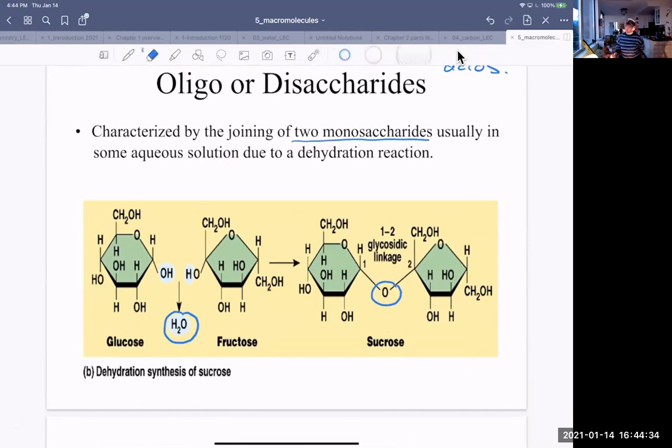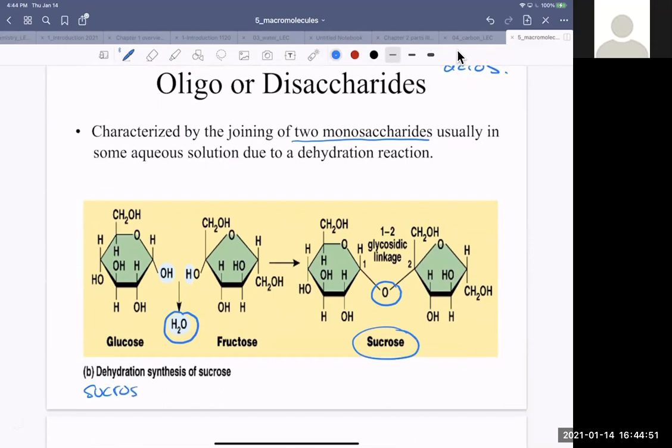Sucrose, of course, is one. That's your common table sugar, sucrose, and that happens to be a glucose and a fructose together. Glucose and fructose, a disaccharide.